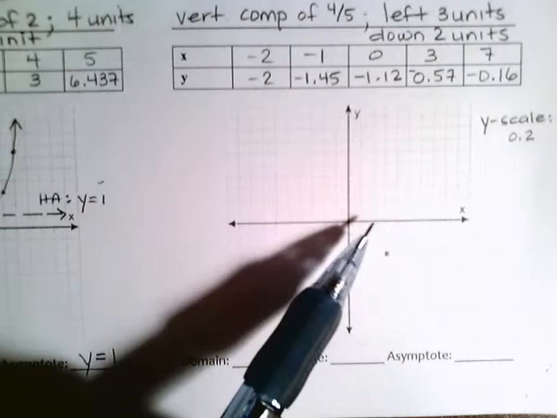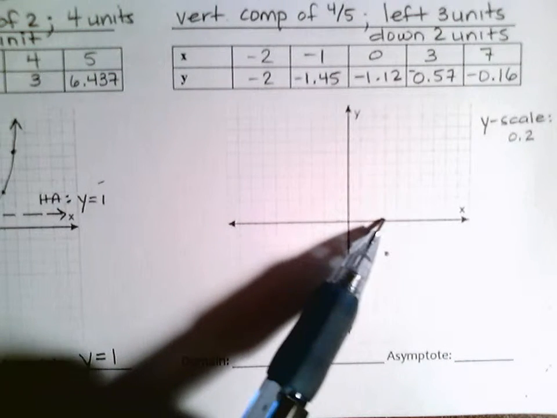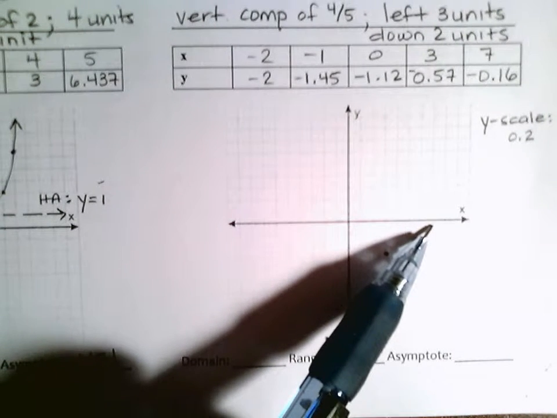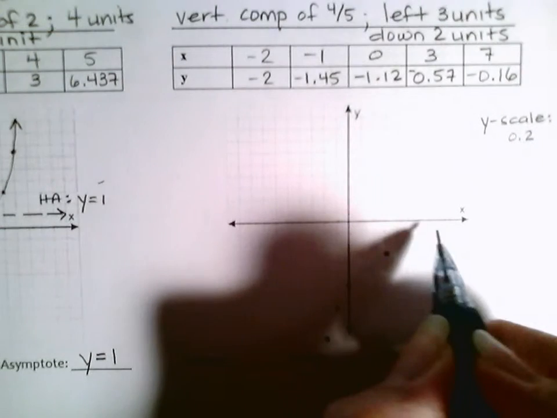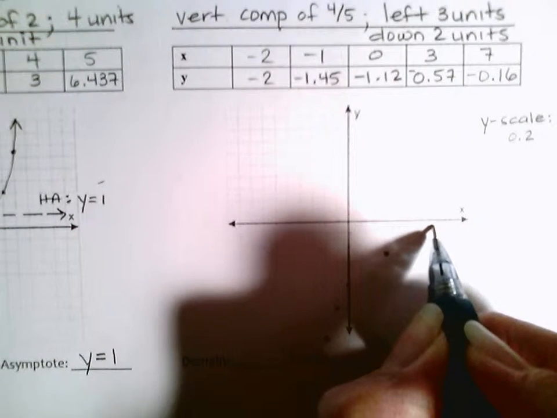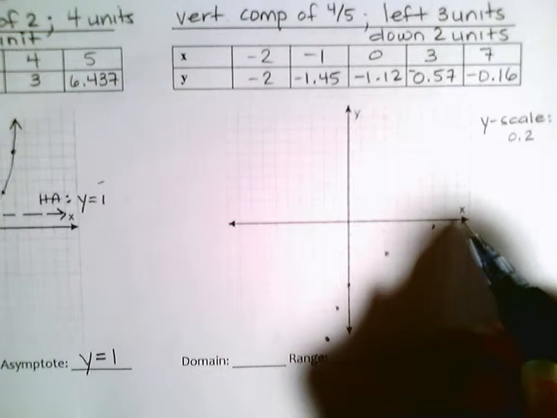And then 7. 1, 2, 3, 4, 5, 6, 7. And 0.16, which is close to 0.2. So a dot right here. Because the line here is 0.2, so this is 0.16 around here. Okay, so I can see this is what's happening to my graph.